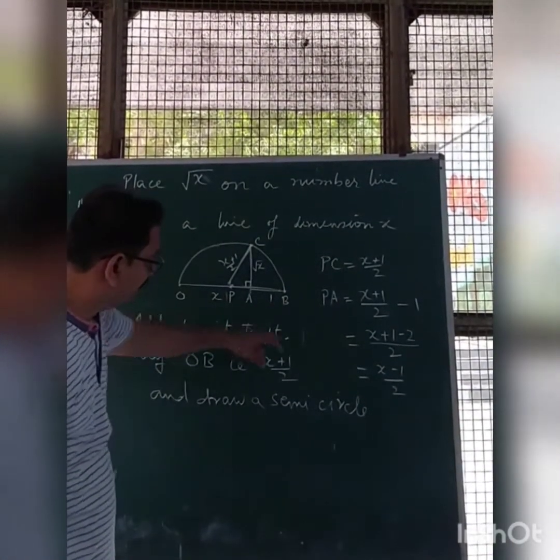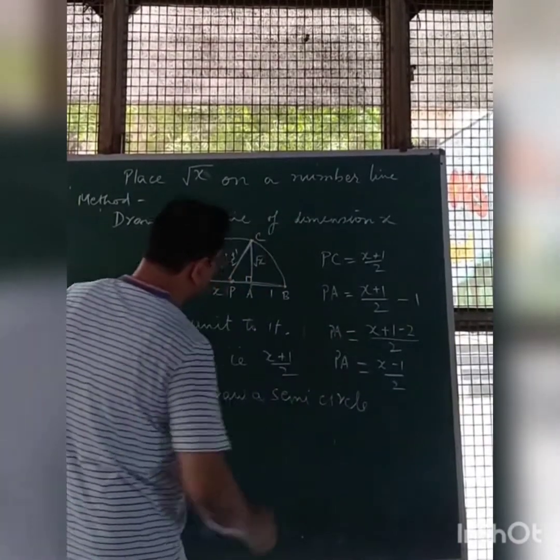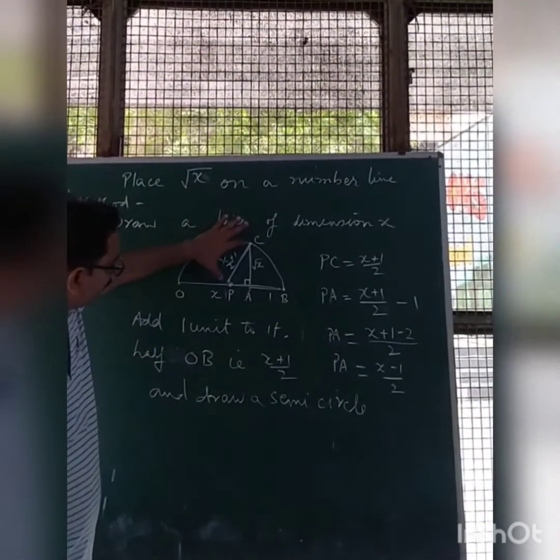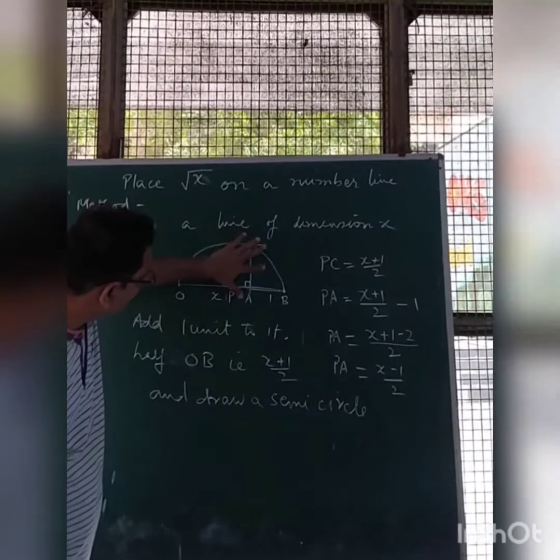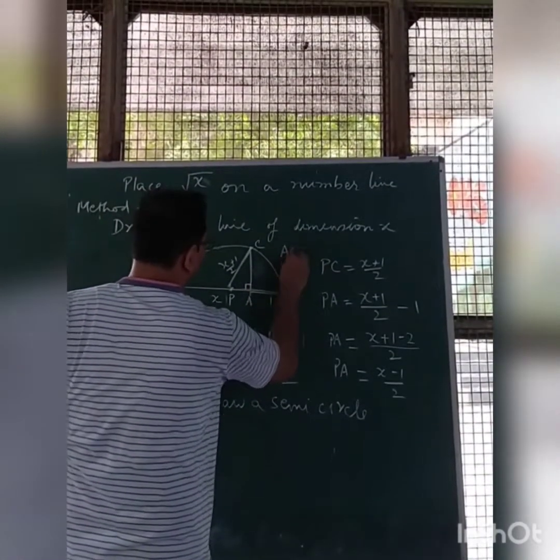This is PA. Now we apply this; we have to find out AC is equal to question mark.